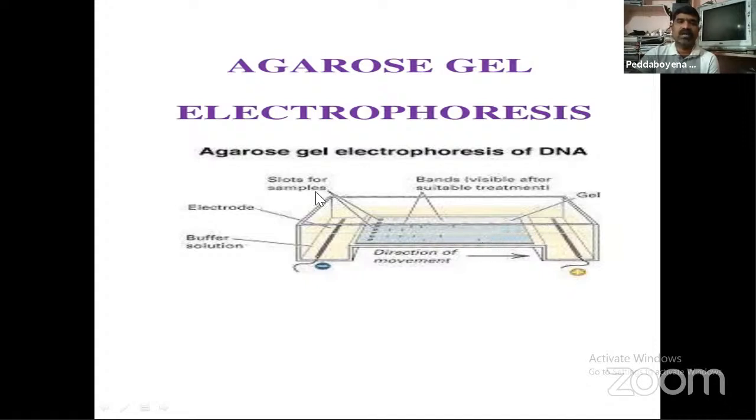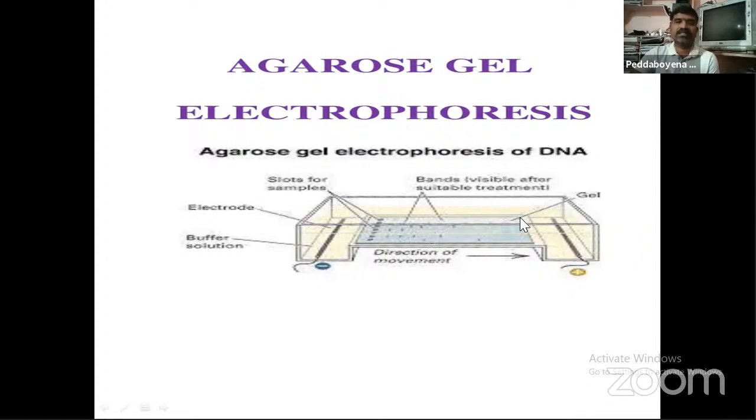And this is the sample loading place, and we can observe these places as band-like structures. Bands are visible after the suitable treatment. After treatment we can observe the different kinds of colors, the bands can be observed.